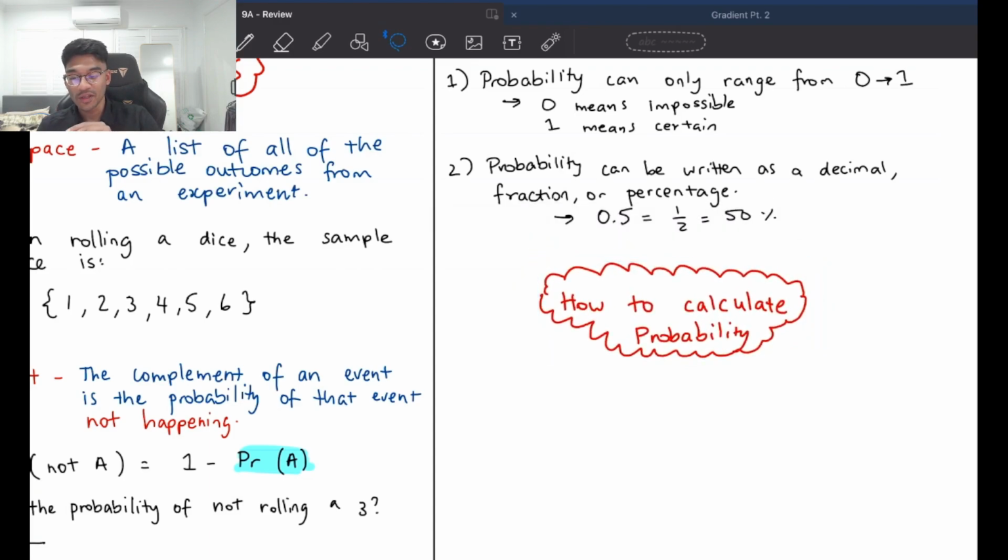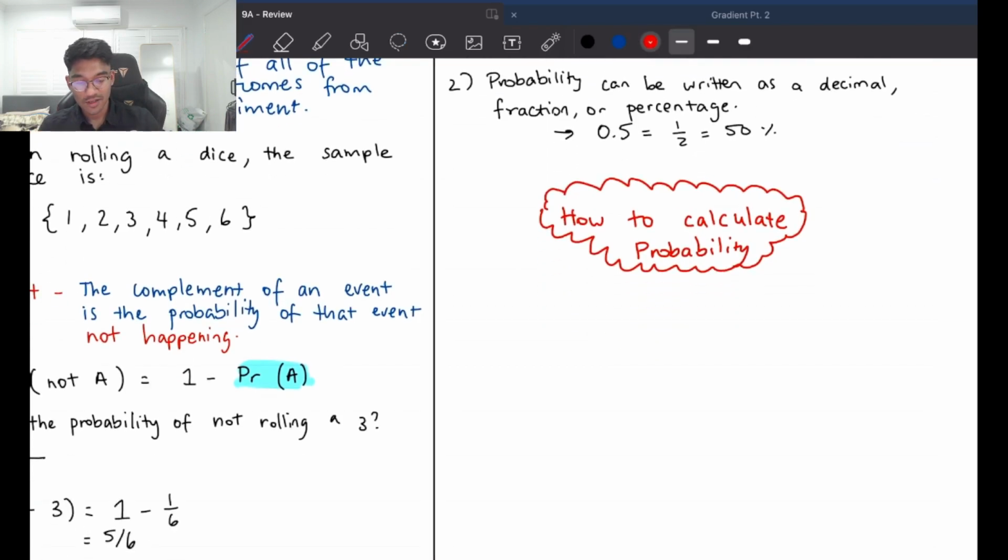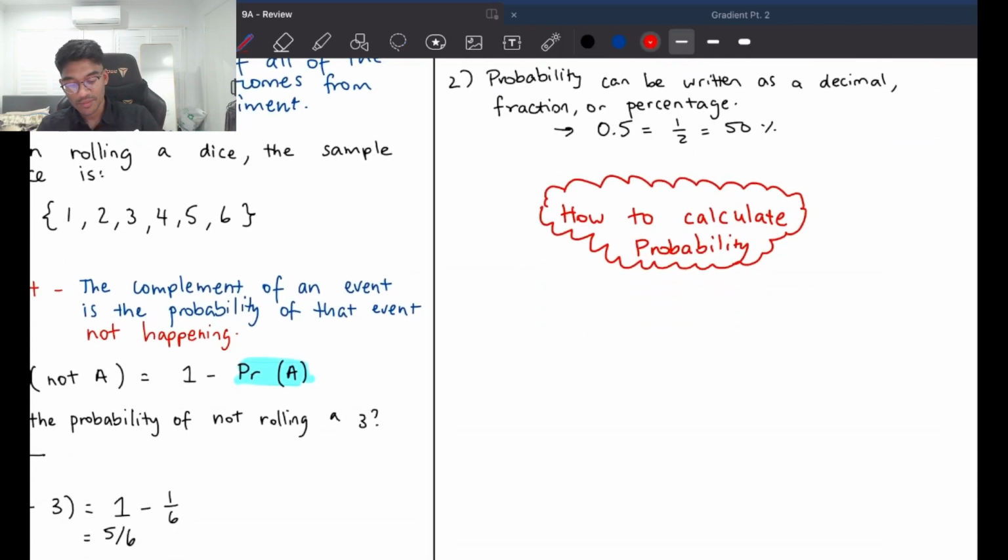So there is a formula. The formula to work out the probability says the probability of any event happening. So the event could be what the question's asking. So if it's rolling a 3, the event is rolling a 3. If it's flipping a coin and getting heads, the event is getting heads. If it's the probability of, I don't know, Mr. Solomon doing a somersault, we would say PR, Mr. Solomon doing a somersault.